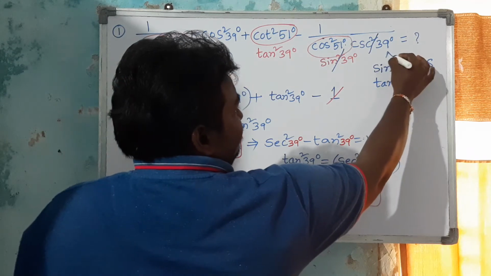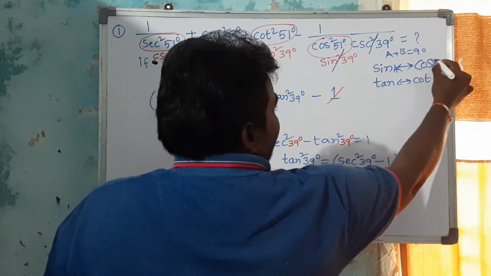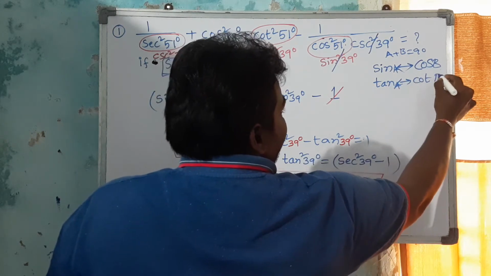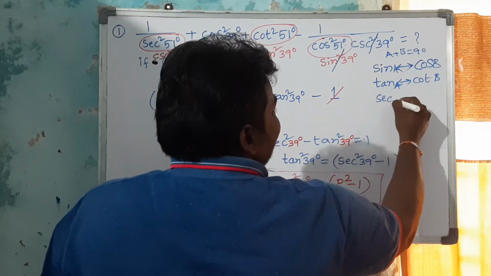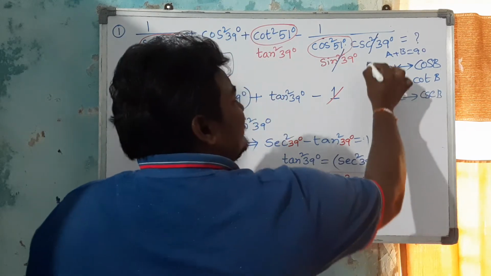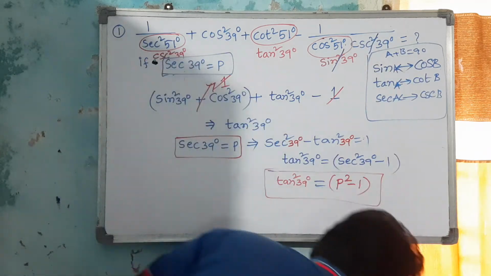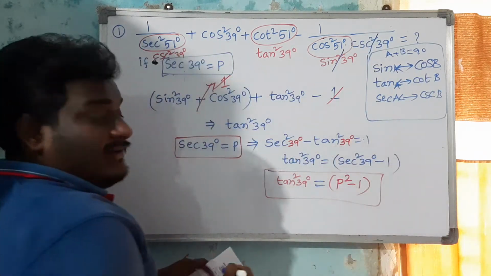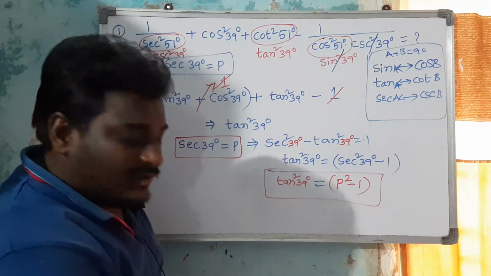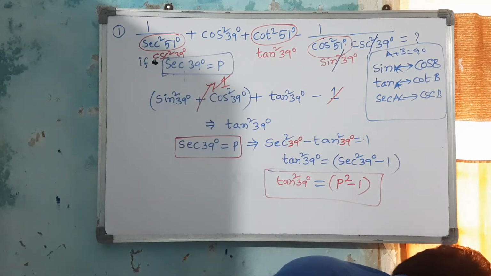If a plus b equal to 90, then sin a equal to cos b, tan a equal to cot b, secant a equal to cosecant b. That is the only concept. This concept is very important; the examiner's favorite concept is this one only. Even my favorite concept is that only. Okay.